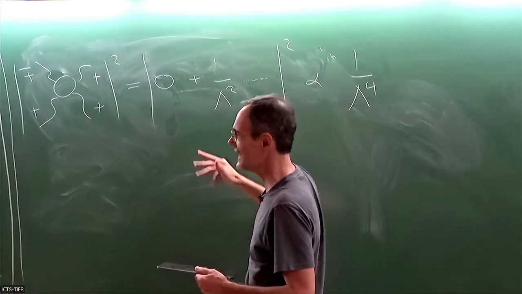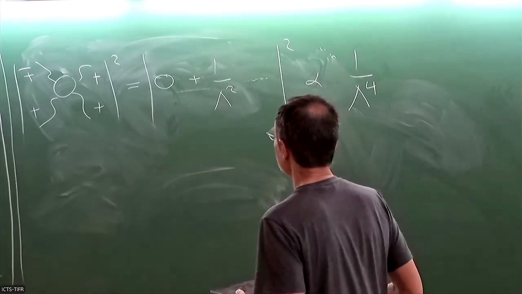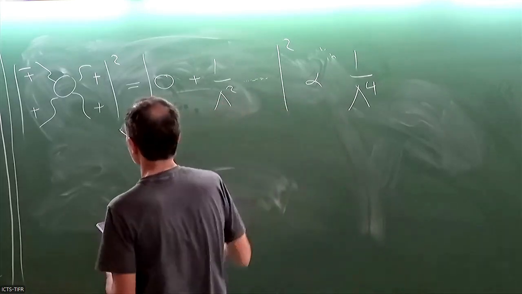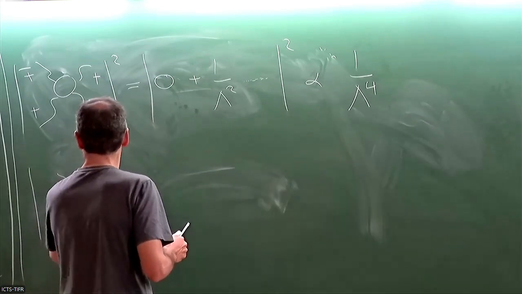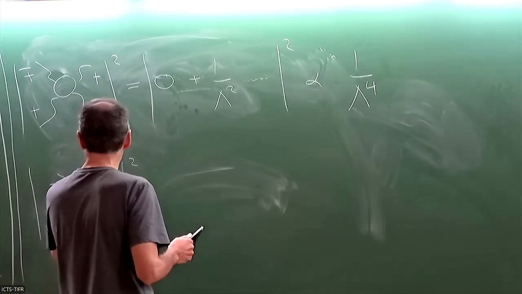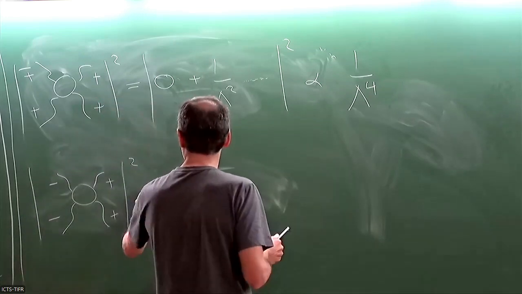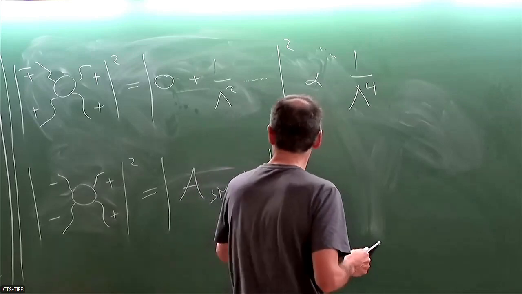So there is a selection rule for when you have interference or not. Because of this 0, I have interference. If I look now at a process that is different, I have many of these examples. If I look at the minus, plus, now I can have it in the standard model. So I have now the standard model plus 1 over lambda square.